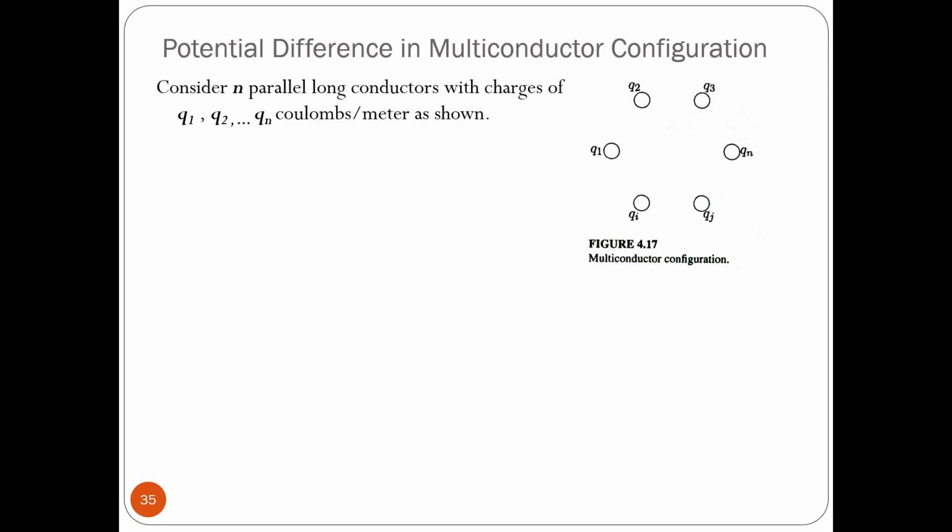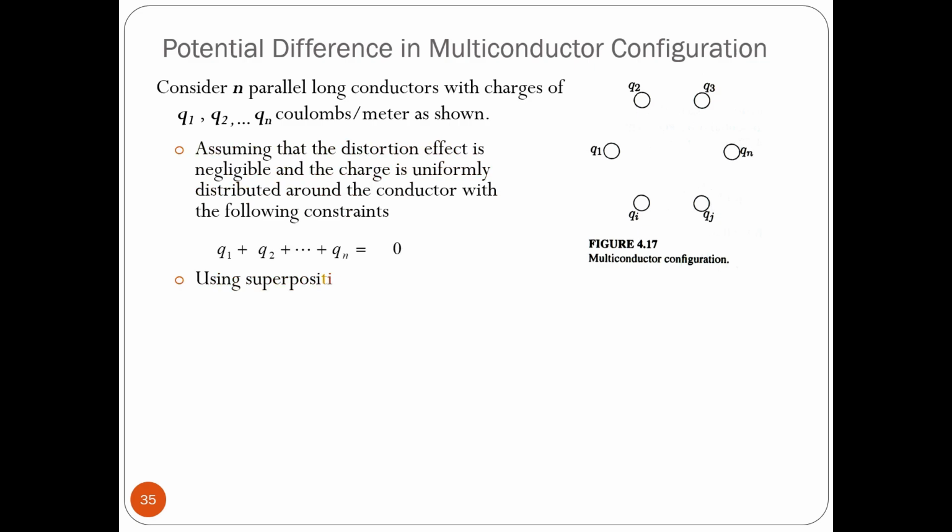So let's look at a multi-conductor configuration. Let's assume that here I have 6 conductors, each carrying its own charge Q1, Q2, Q3, up to Qn.